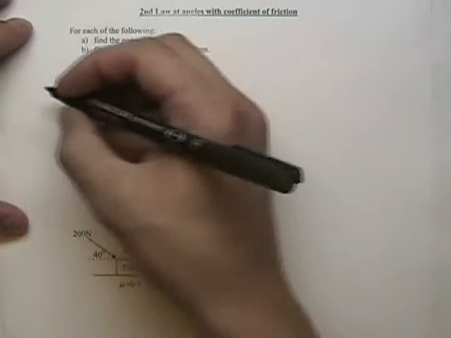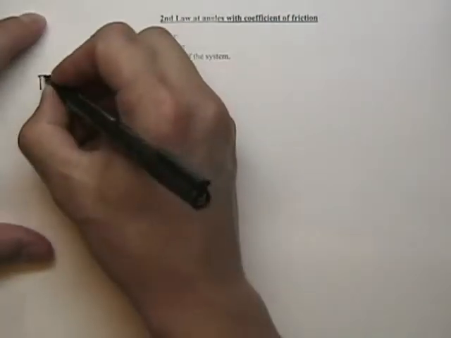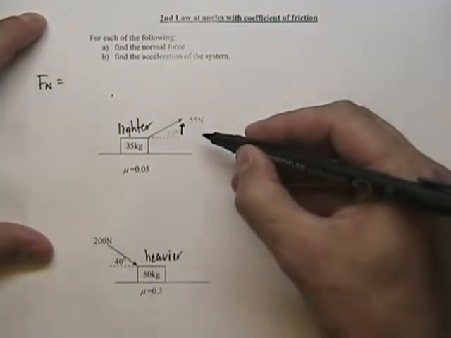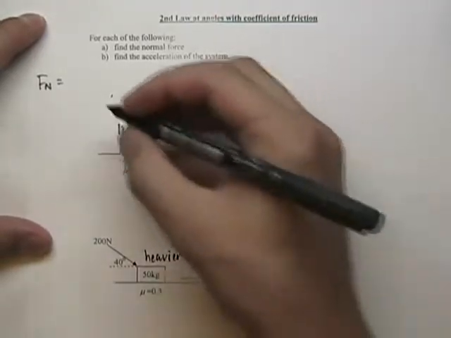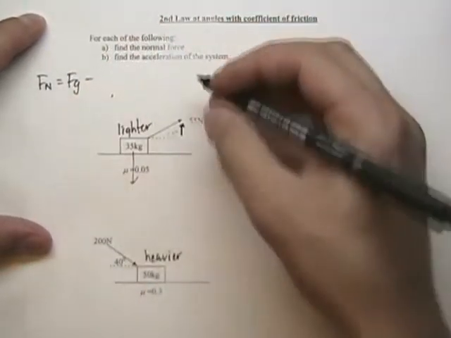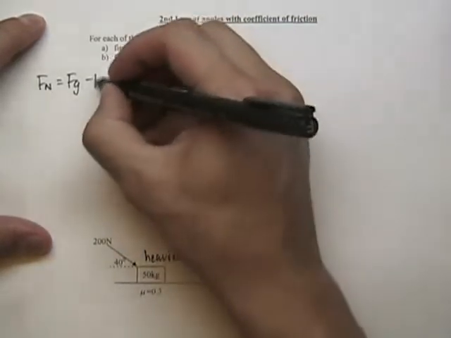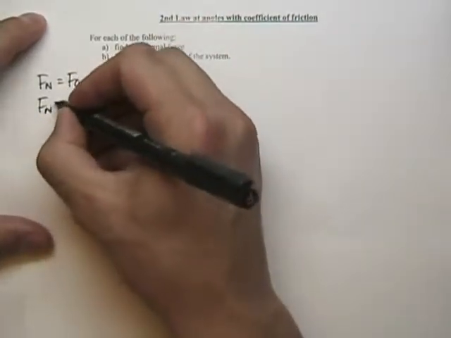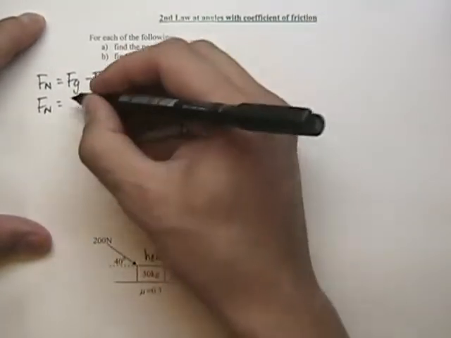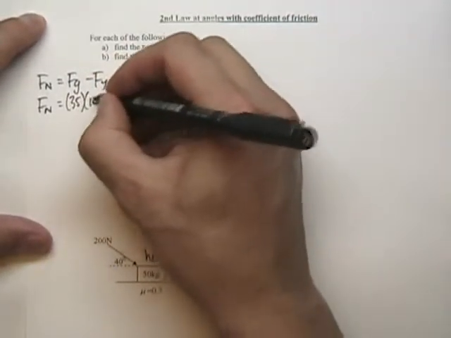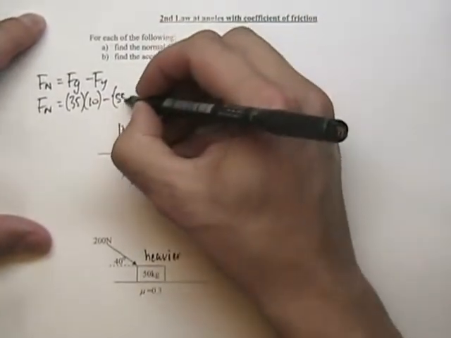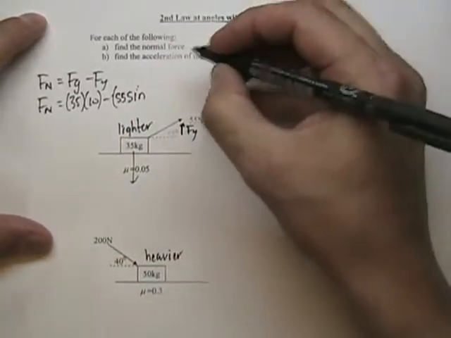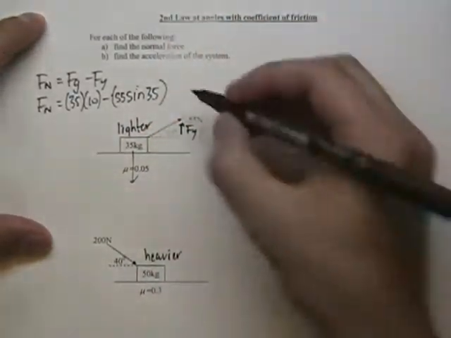So your normal force, since it's getting lighter, is going to be your force due to gravity pulling it downward, so that's Fg, and we're going to subtract off this, which is Fy. So your normal force in this case is Fg, which is 35 times 10, minus your Fy, which is 55 sine 35.